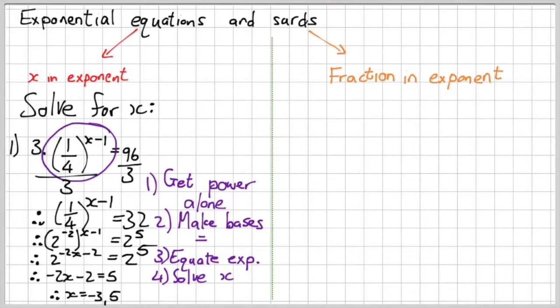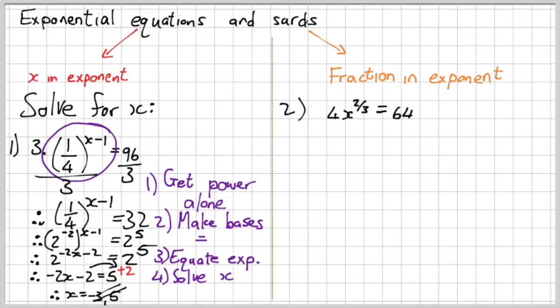Let's have a look at the second example when there's a fraction in the exponent. So I'm going to have a look at this specific example: 4x to the power of 2 over 3 equal to 64. Now when I look at this specific example, it's actually quite simple. And I'm going to follow a lot of the same kind of procedures I did with x in the exponent, except when we make the bases the same.